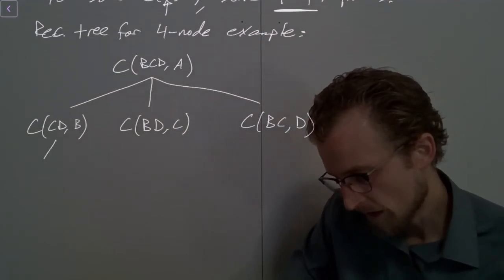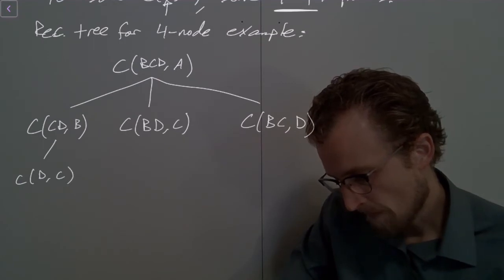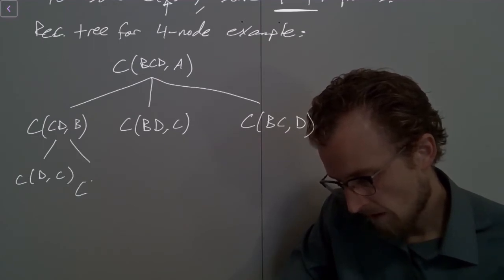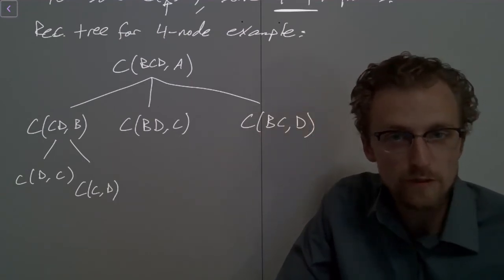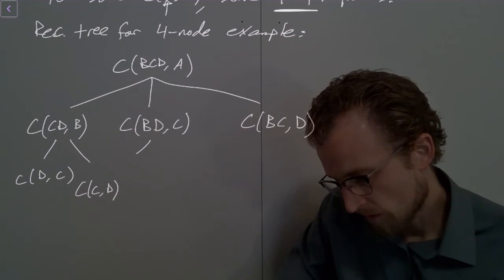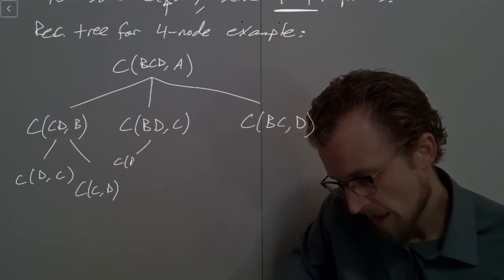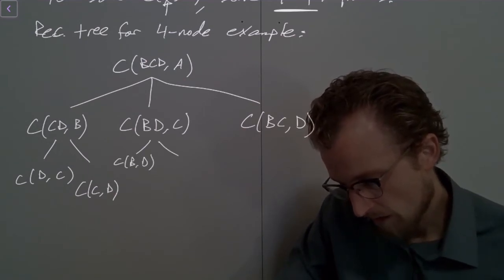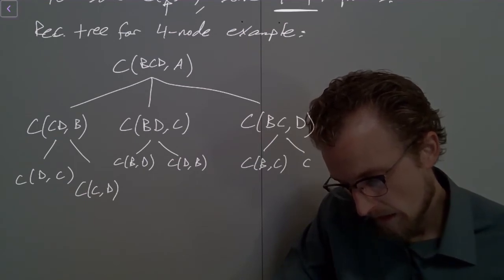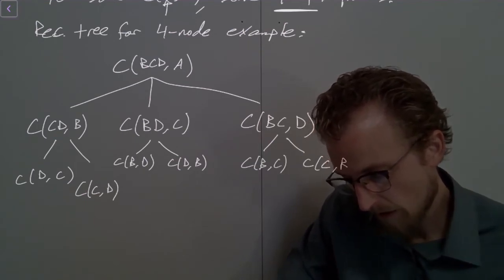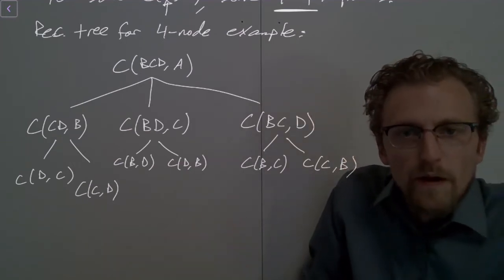This one is going to split into C of D and C, and C of C and D, either C is penultimate or D is penultimate. This one will split into C of B and D, or C of D and B. And this one will split into C of B and C, or C of C and B. Those are the possibilities here.